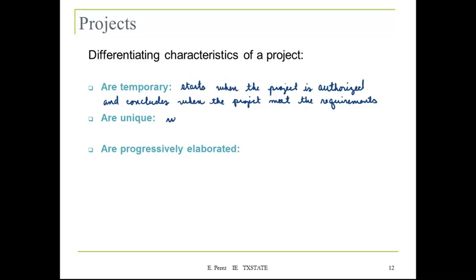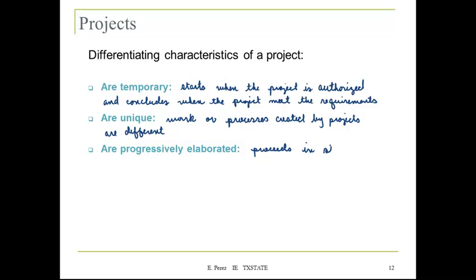So the work or processes created by projects are different or new. And projects are progressively elaborated, so proceeds in steps or stages.